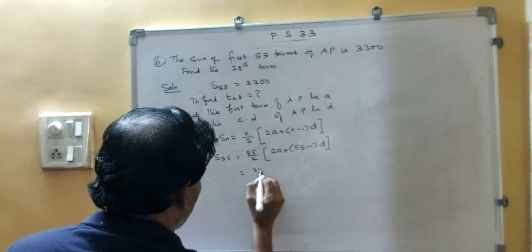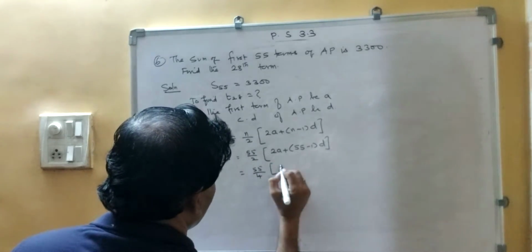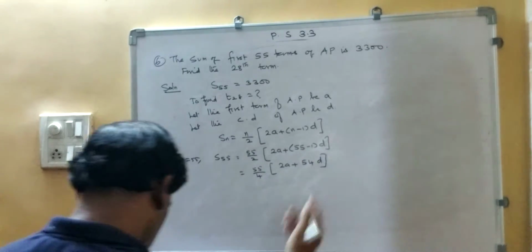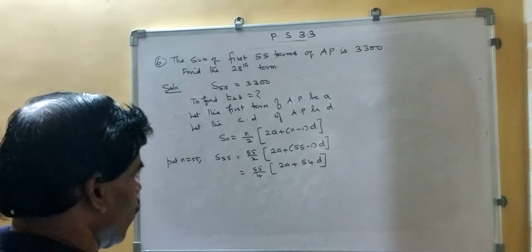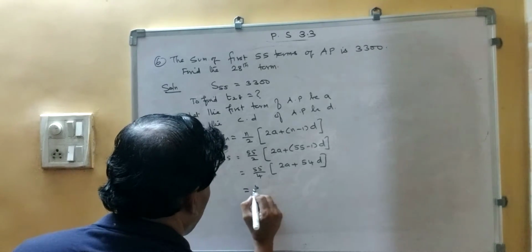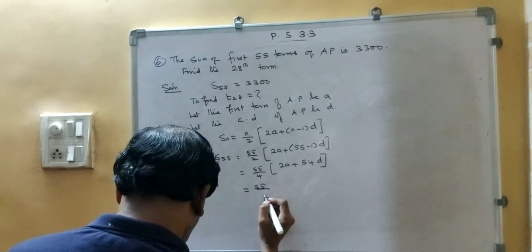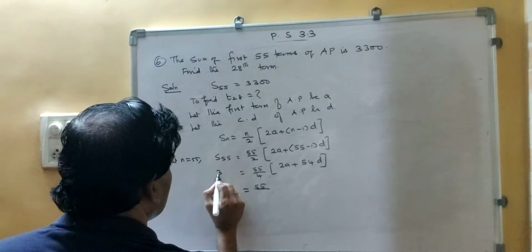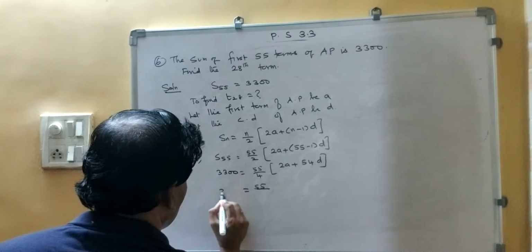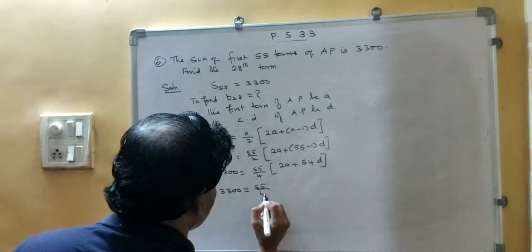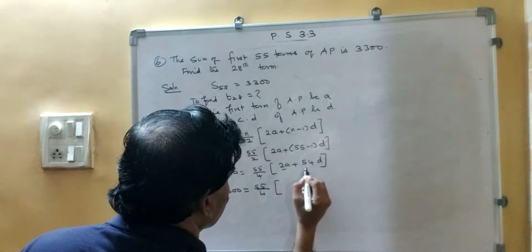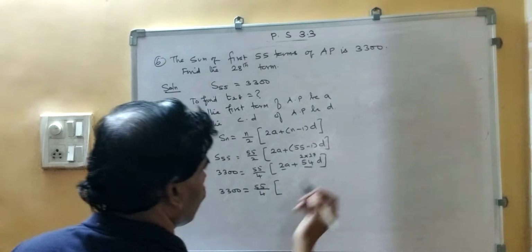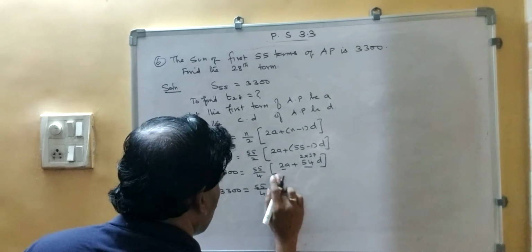So, 55 upon 2 into (2a plus 54d). This is given to you. Now, look at this, what is the value here? 3300. Now, in these two, what is common? 2 is common.